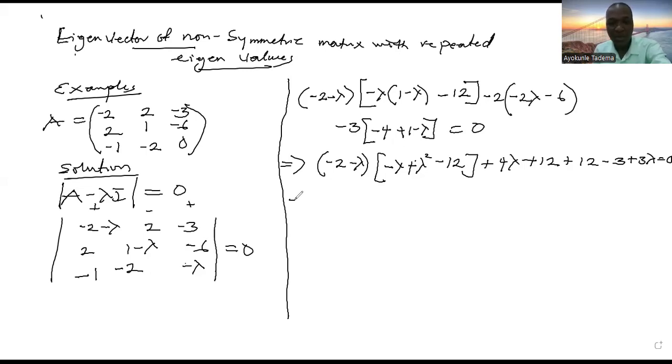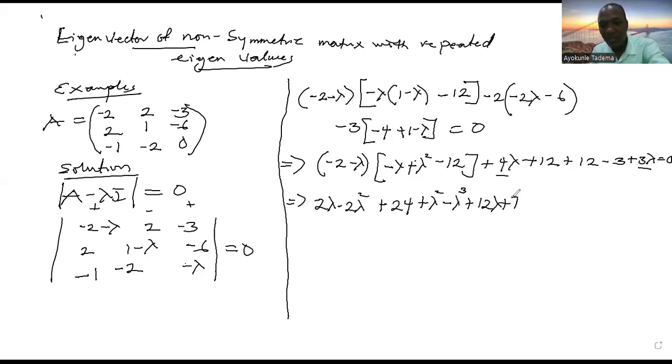When you open this bracket too, you have 2 lambda minus 2 lambda squared plus 24 plus lambda squared minus lambda cubed, plus 12 lambda. This and this will give us 7 lambda plus 7 lambda. This one plus this is 24 minus this, that is 21, plus 21 equals 0.